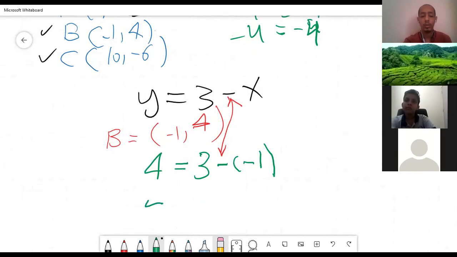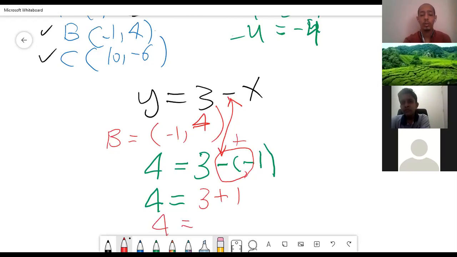How is the function going to be now? 4 equals 3 minus minus 1. Do you remember the sign rules? When we have two minus signs, it becomes plus, so 3 plus 1. It will be 4 equals 4.